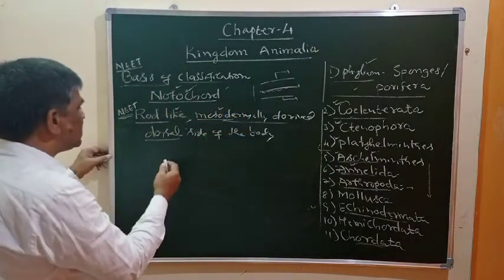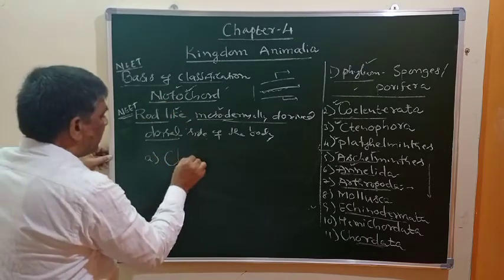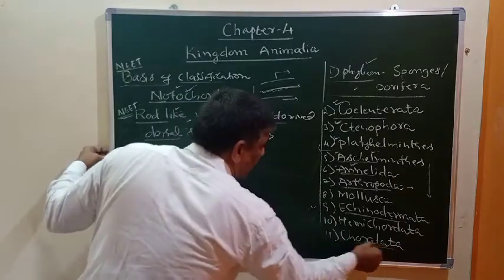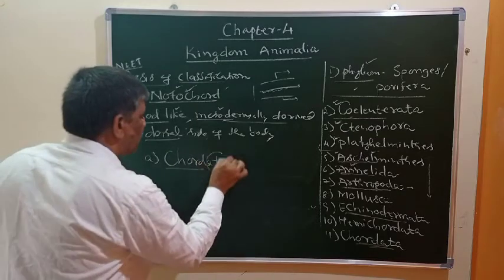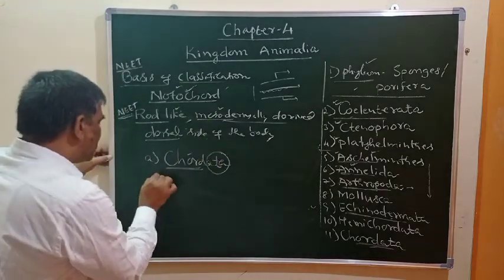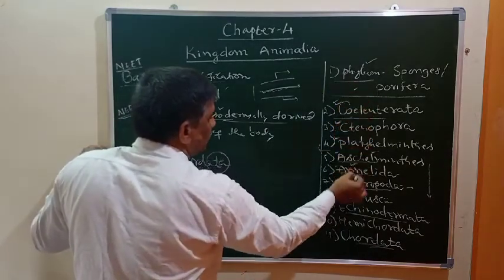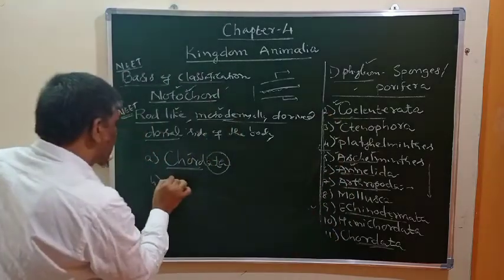Those animals which have notochord are all considered chordata. Therefore the name has come, chordata: having a chord, notochord. The other animals, the Porifera, Coelenterata, Platyhelminthes, Annelida, Arthropoda, Mollusca, all these animals do not have notochord.